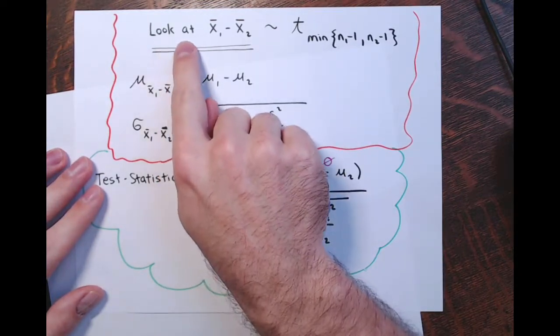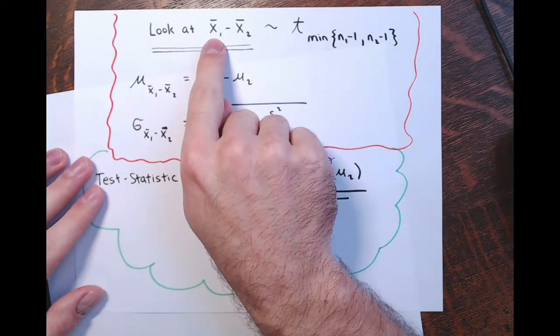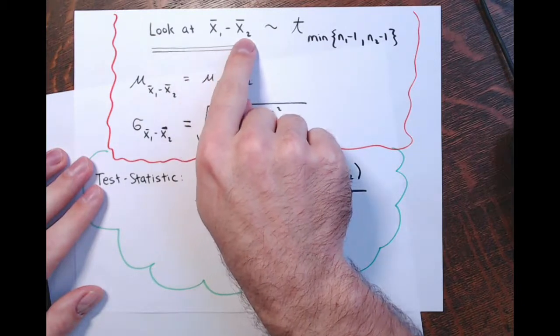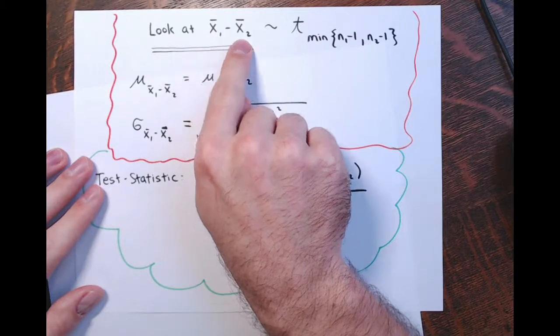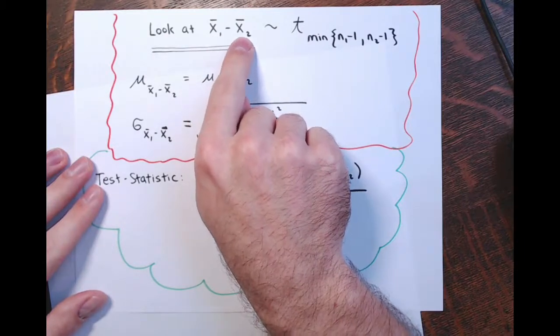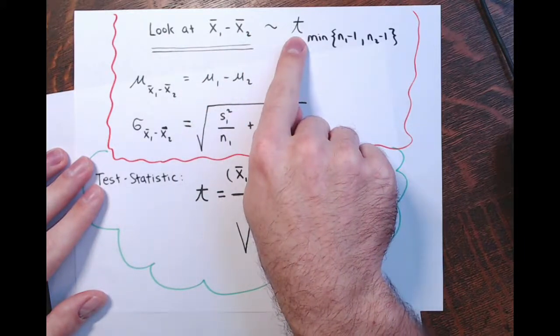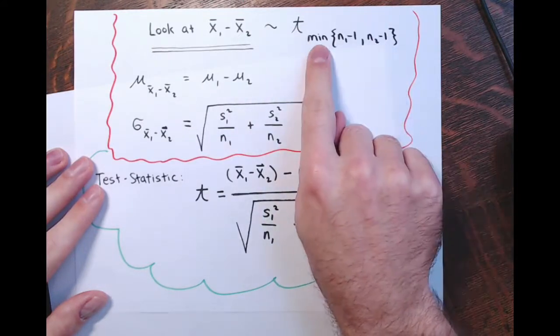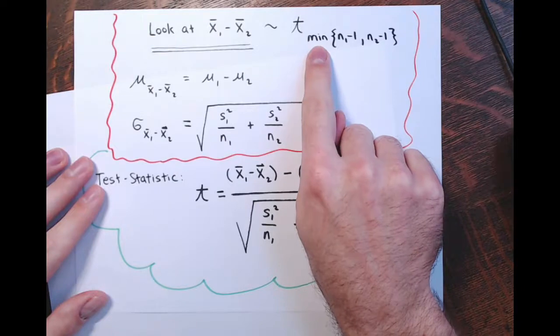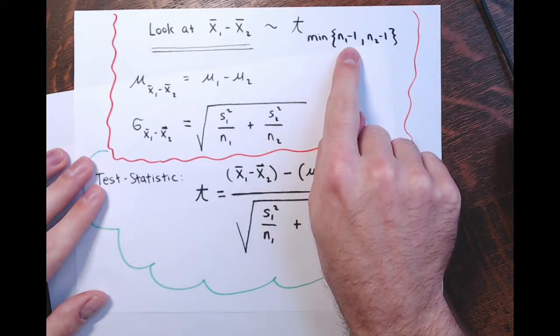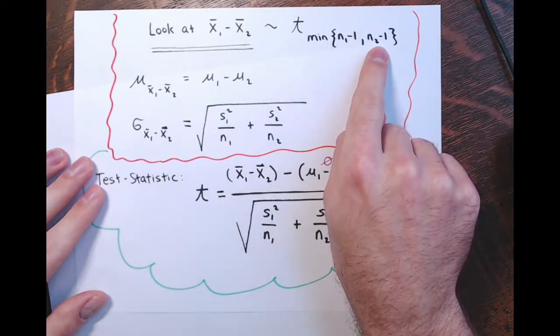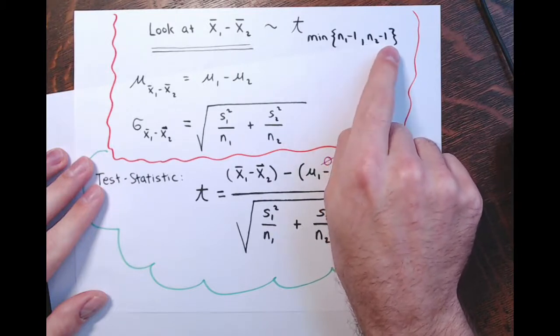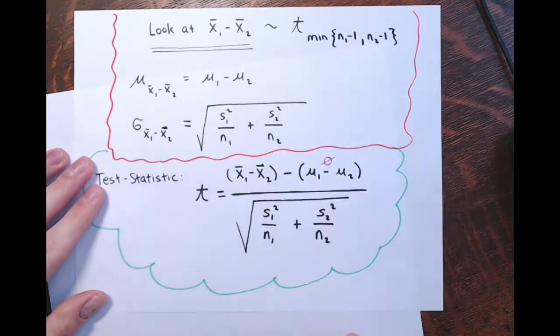Later on, you'd be looking at the distribution of the sample 1 mean minus the sample 2 mean, x1 bar minus x2 bar, and that would be a student's t-distribution where the number of degrees of freedom was the minimum value of either n1 minus 1 or n2 minus 1.